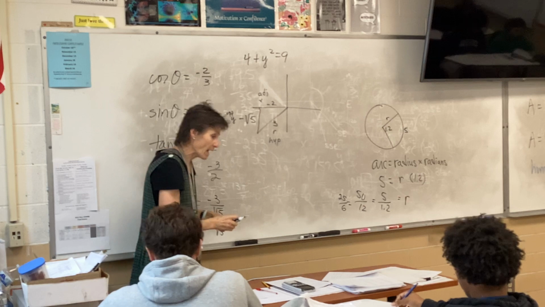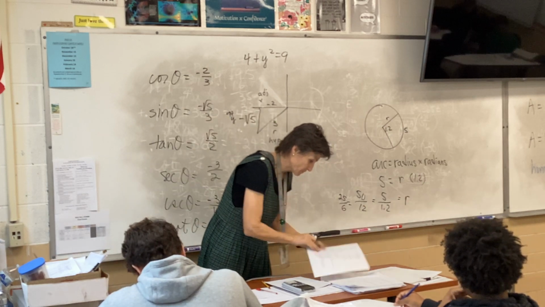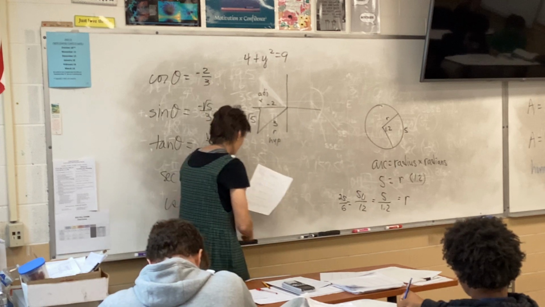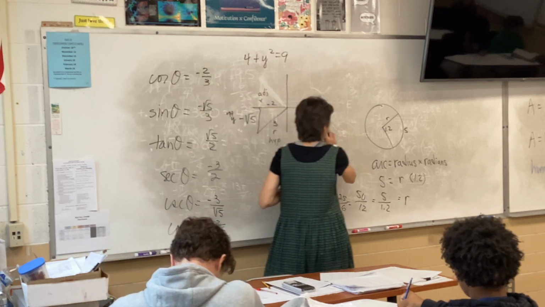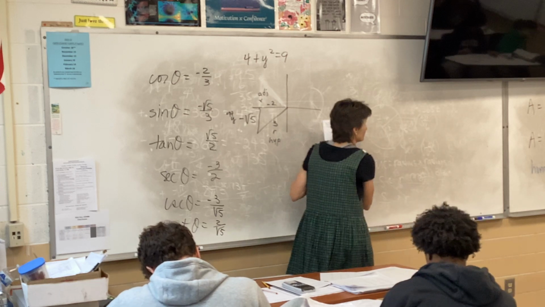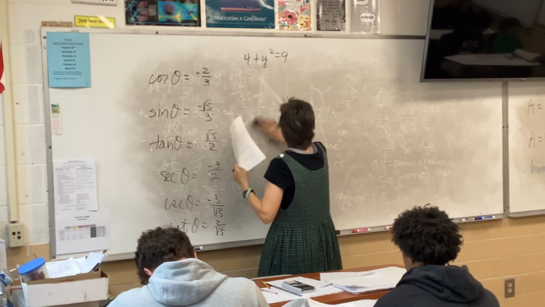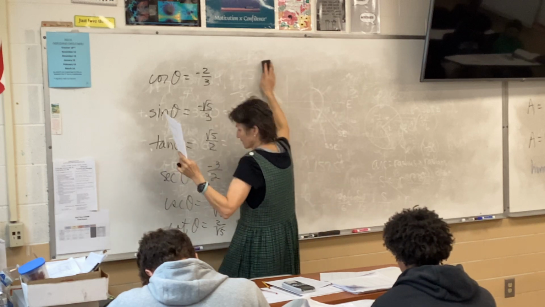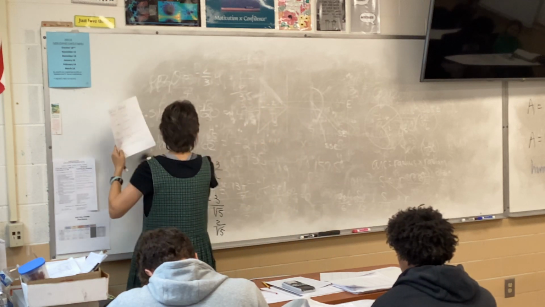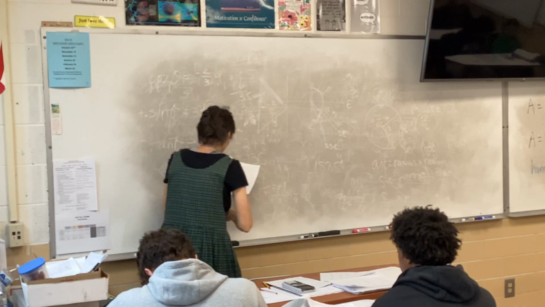Okay, so now we're gonna get our calculators out. And we have to go back and do problem 4. We'll do the rest of the calculator problems. Alright, so we've actually done ones like 4 before.